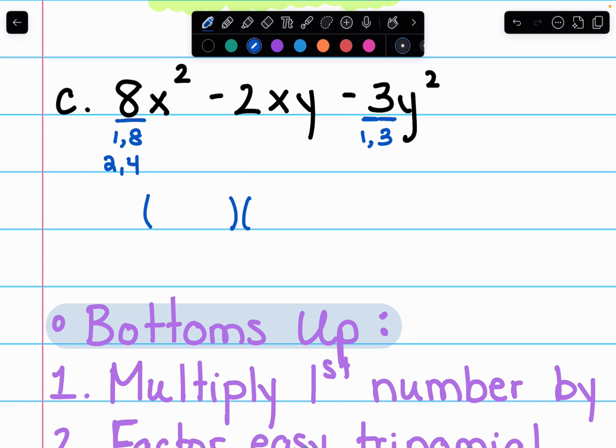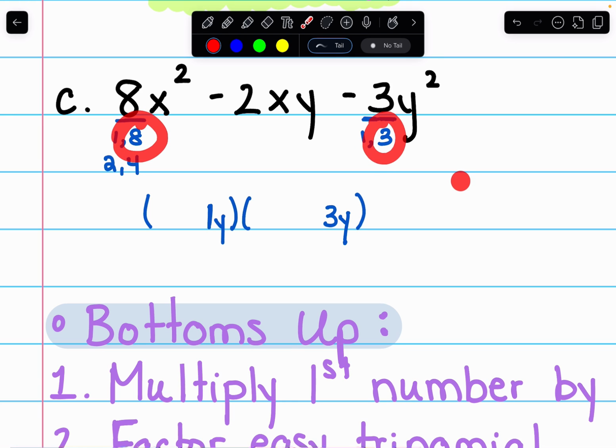So I only have one pair of this number, so I know that I'm going to have a 1y and a 3y here. Okay, again, 8 and 3 give you 11. 8 minus 3, because I'm going to have different signs, gives me 5. I'm not getting 2.